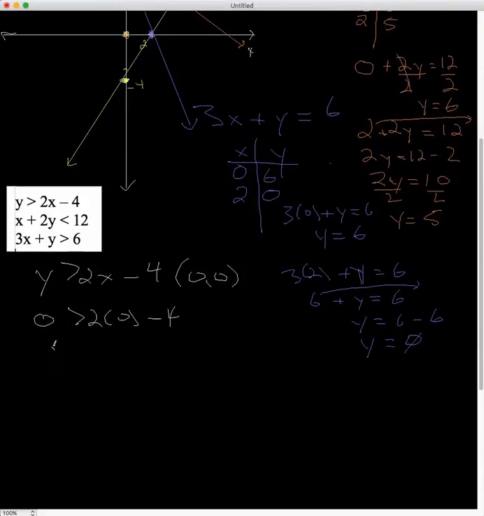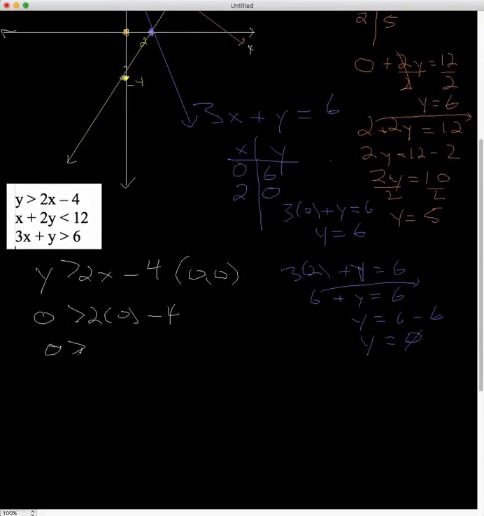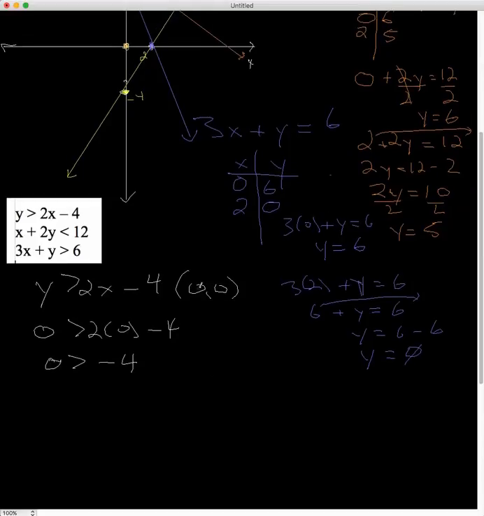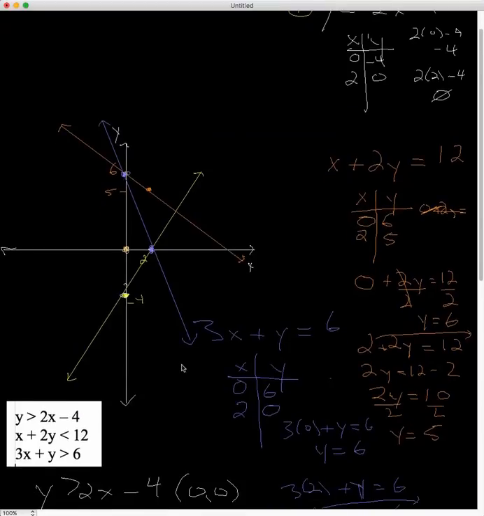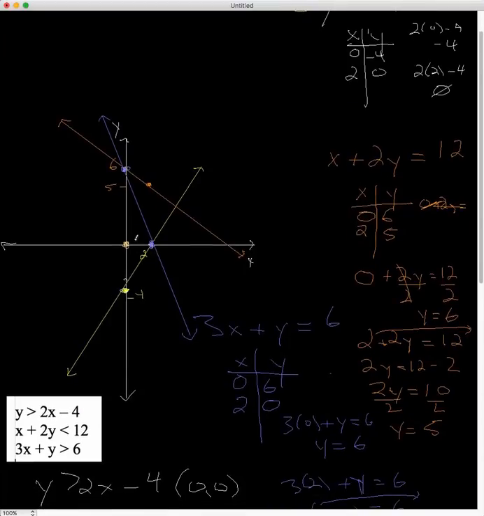We get 0 is greater than, well, this goes away, so it's negative 4. And now, is 0 greater than negative 4? It is. So for our first line, which is this yellow one here, that means we are going towards this point. So we start shading towards this point here, like this.